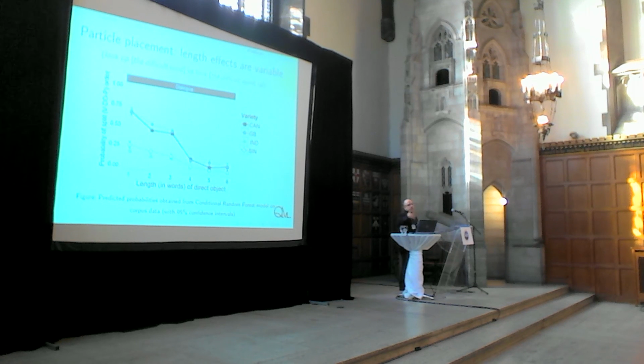But what's interesting is that we looked at four different varieties of English in this case, and it turns out that speakers of L1 varieties of English react more strongly to this particular constraint, length. So they're more sensitive to it. The two upper curves are about Canadian English and British English. By contrast, the two L2 varieties that are represented in this diagram, Indian English and Singapore English, exhibit more level curves.